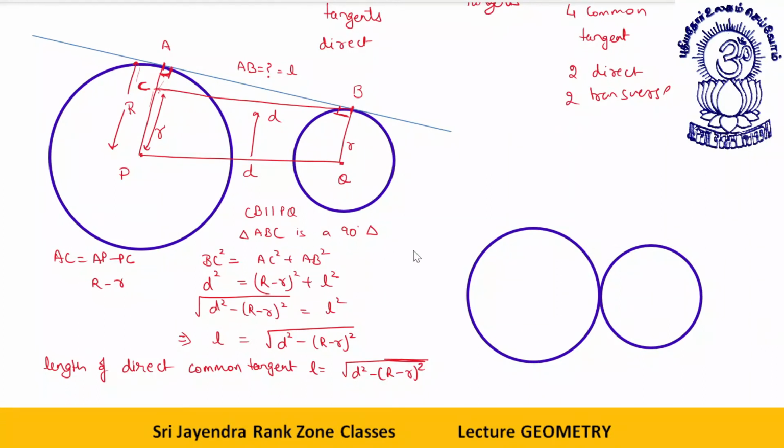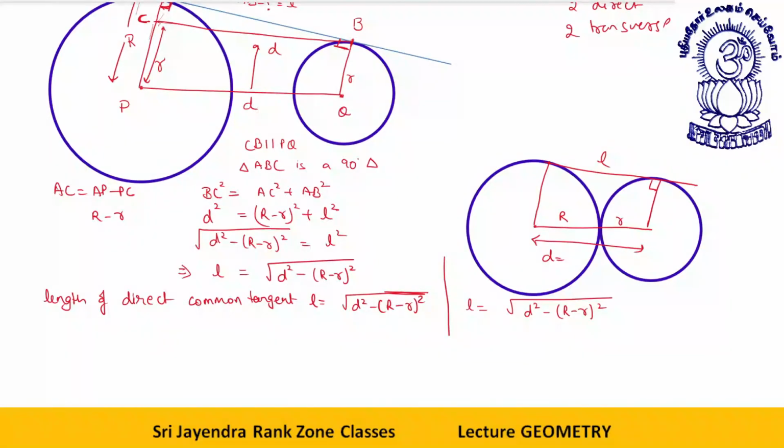Now the distance between these two circles, this d, is equal to, let's say this is bigger R, this is smaller r. If I draw again, you have to tell this length. This will be perpendicular. So here this L will be under root d square minus (R minus r) square.